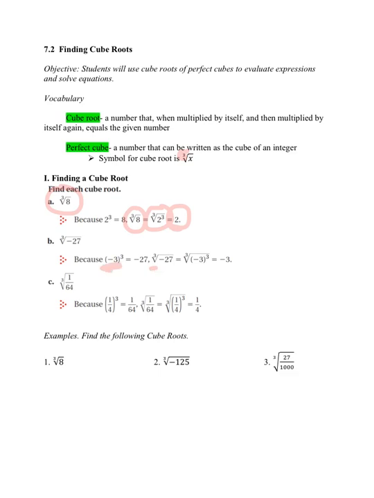So the cubed root of negative 27 is the same thing as the cubed root of negative 3 cubed, which gives you negative 3. And the same concept goes with a fraction under that radical sign. The cubed root of 1 over 64 is the same thing as 1/4 cubed. So the cubed root of 1/4 cubed is 1/4.